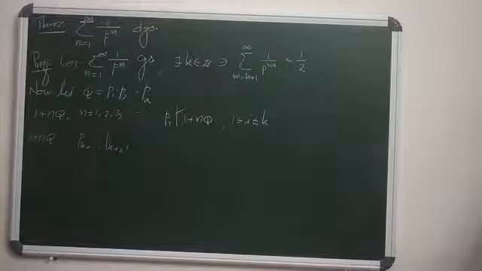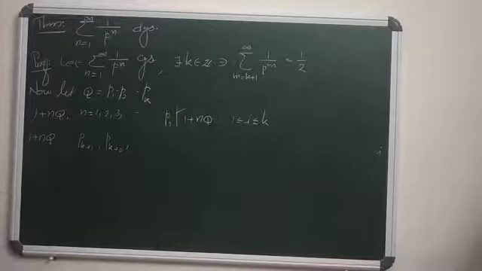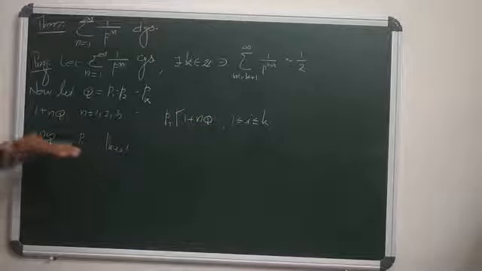1 plus NQ may be composite, then it has a prime factorization, but Pi doesn't divide 1 plus NQ for i ranges from 1 to k.